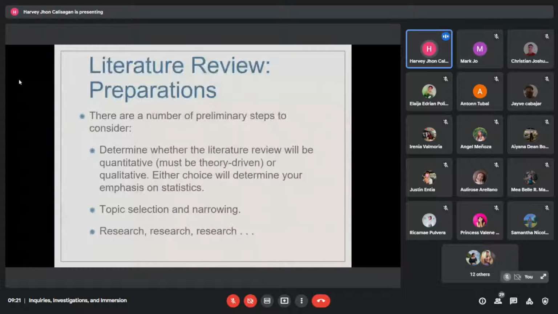If you don't have enough resources, try to dig more into the articles. Try to look for more articles.